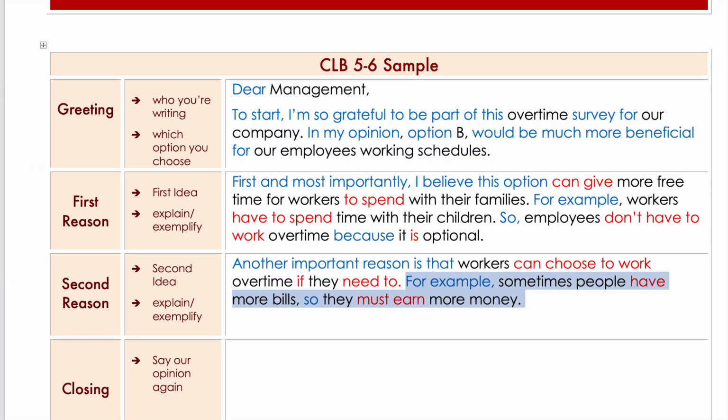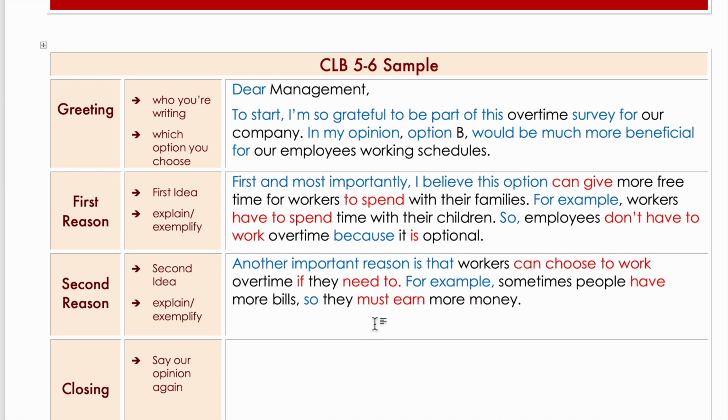So, for example, sometimes people have more bills, so they must earn more money. Okay, again, here I'm giving an example of sometimes people have more bills, right? Bills to pay. There's the utilities bills, there's the groceries, car insurance, etc.